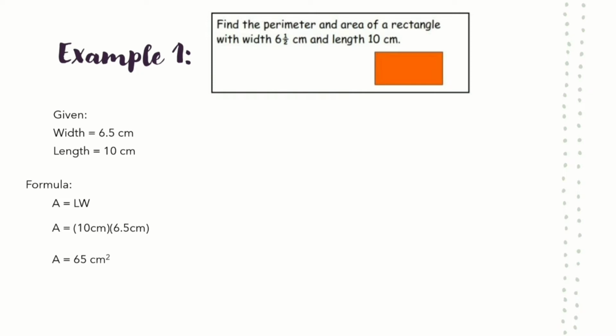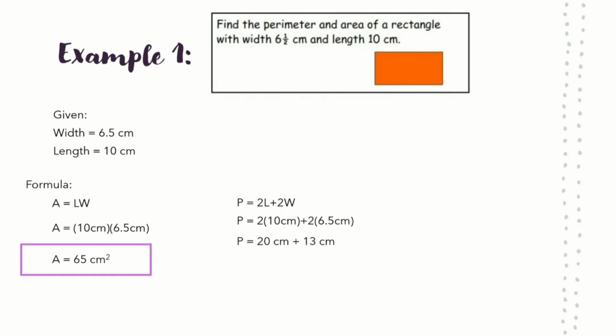Now let's try to find the perimeter. To find the perimeter of the given rectangle, we use the formula P is equal to 2L plus 2W. That is, perimeter is equal to twice the length plus twice its width. Again, by substitution, we have 2 times 10 cm plus 2 times 6.5 cm.